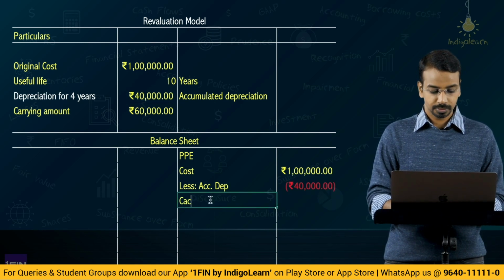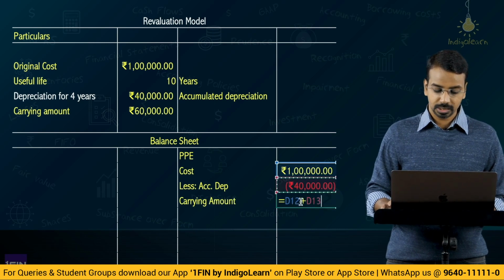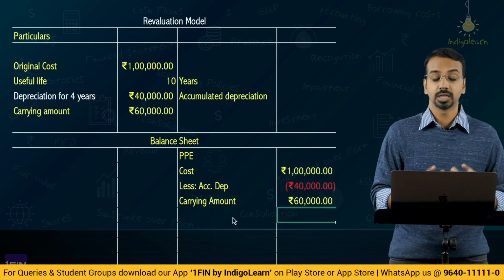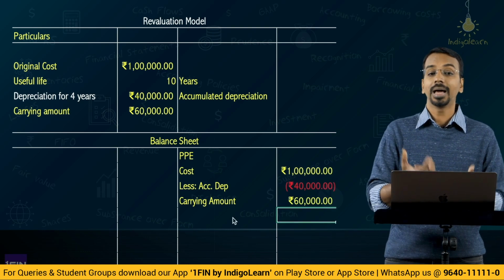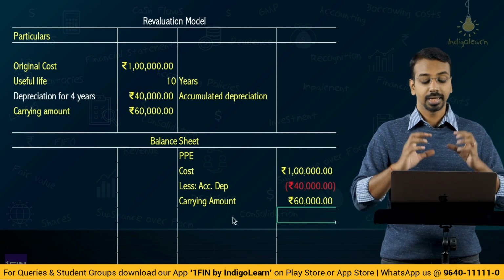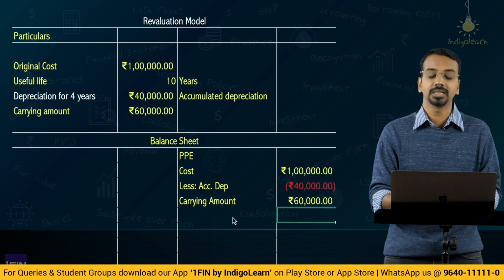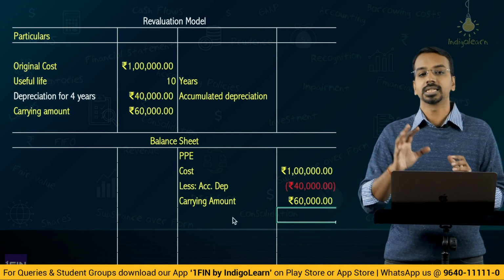So, the carrying amount would be 1 lakh minus 40,000, that is 60,000. Now, in the balance sheet, you can see that the carrying amount of this asset is 60,000, right? Gross block or the original cost 1 lakh, accumulated depreciation 40,000, carrying amount 60,000.